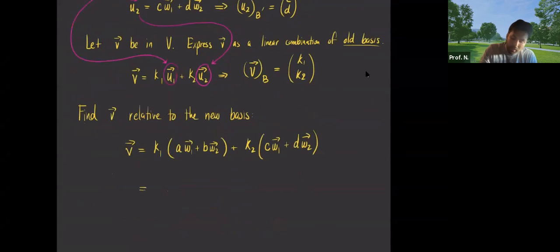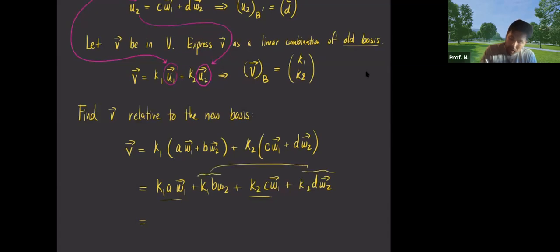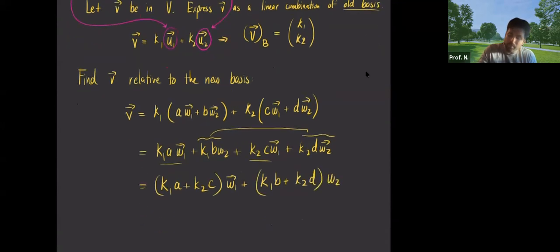And then when you rearrange certain things, this becomes K1 A W1 plus K1 B W2 plus K2 C W1 plus K2 D W2. And if you combine like terms, W1 with W1 and W2 with W2, you get K1 A plus K2 C times W1 plus K1 B plus K2 D times W2.